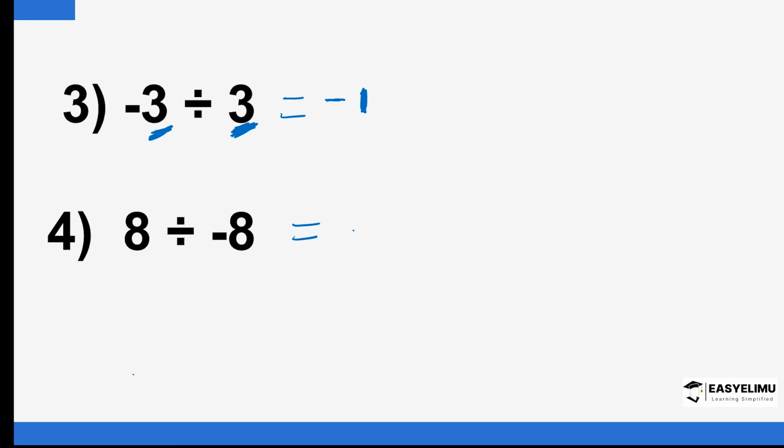But that is interpreted to mean positive 8. So again, positive 8 divided by negative 8. So 8 divided by 8 is 1. But because those signs are different, we use negative 1. So take note, negative 1.